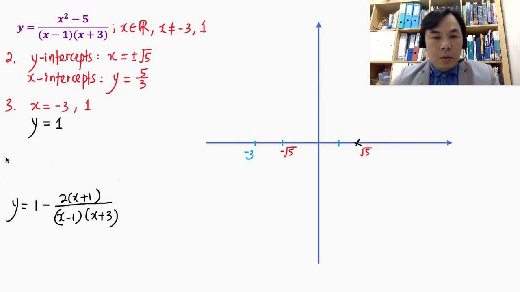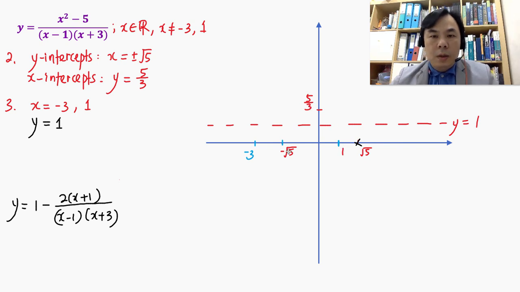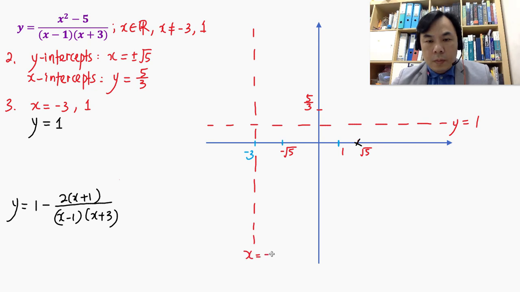So maybe I'm going to draw this horizontal asymptote, y equals 1. So this part here is 5 over 3. This is 1. And then I have my vertical asymptote here. Then I have another vertical asymptote.